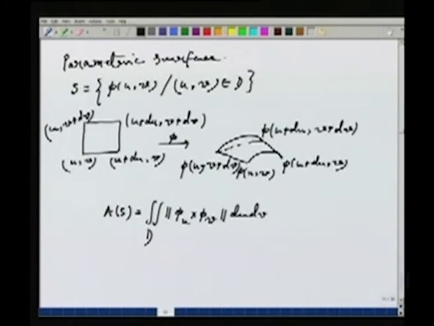What you have to do is you have to linearize phi(u, v+dv). Well, what you will be using is, for example, phi(u, v+dv) is approximately equal to phi(u,v) plus phi_v at (u,v) times dv.